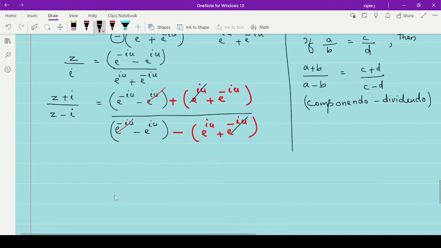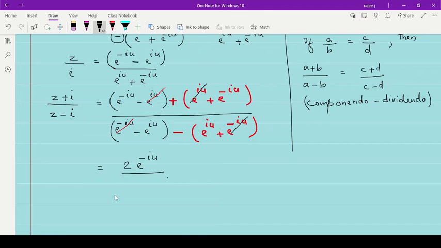So now what is remaining? It's e raised to minus iu plus e raised to minus iu, means 2 times e raised to minus iu. Both are the same, e raised to minus x plus e raised to minus x form. So 2 times that, divided by, now here in the denominator, minus e raised to iu minus, again opening the bracket, e raised to iu. So like minus x is minus 2x.